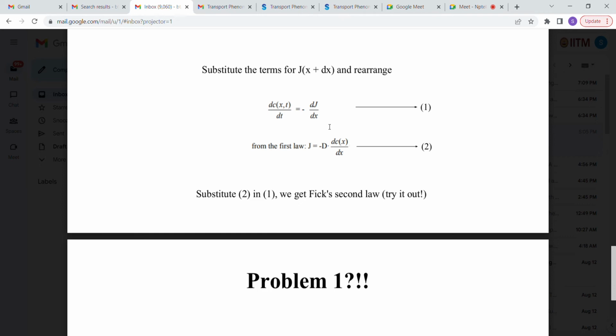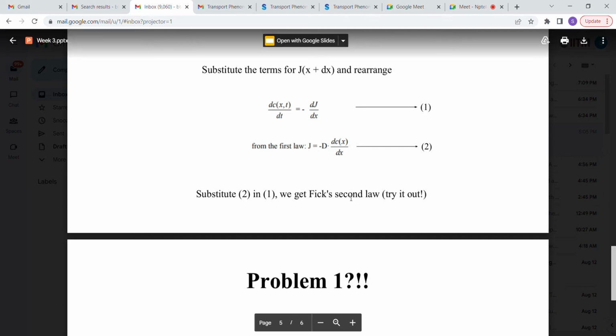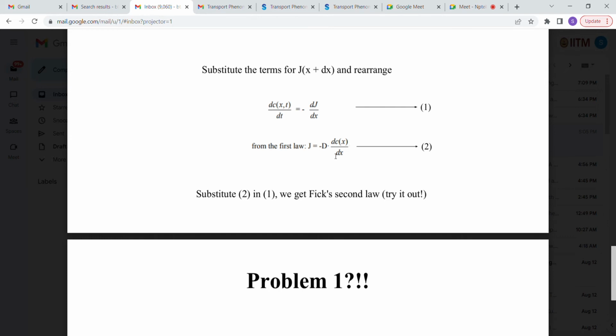Coming to Fick's first law, what we know is that J is equal to this, so we are going to substitute this here. So basically it will become the negative of d by dx of the negative of D into dc by dx at a point x.